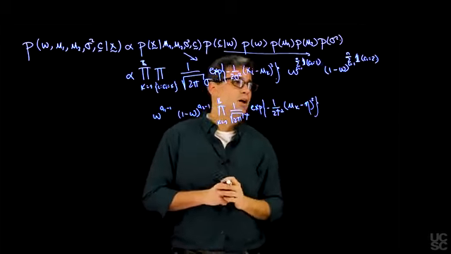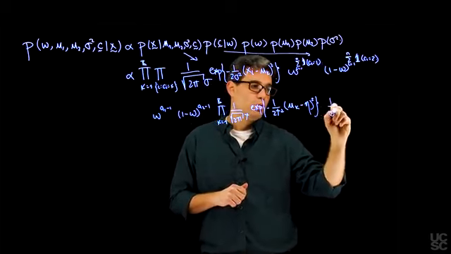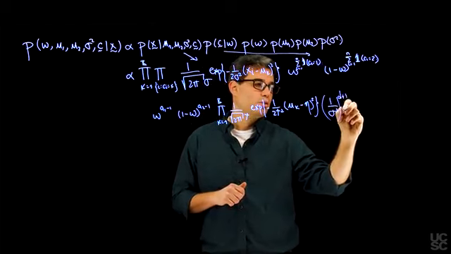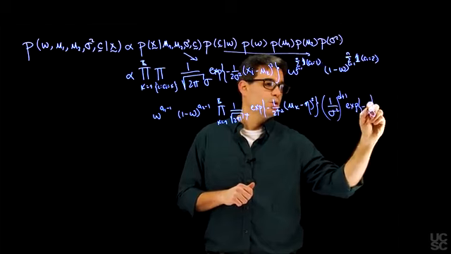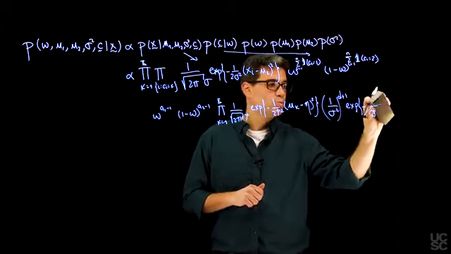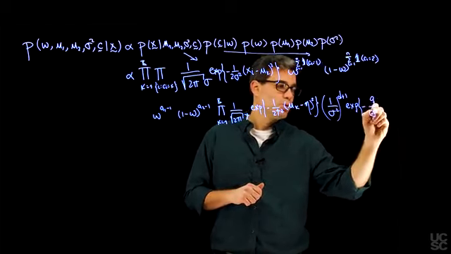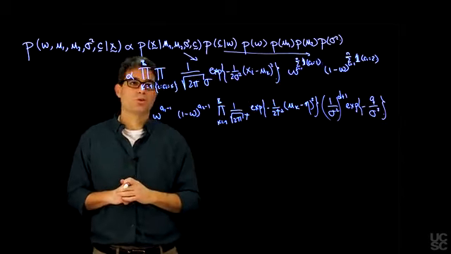And finally, the prior for sigma squared is proportional to 1 over sigma squared to the d plus 1 times exp of minus d over q over sigma squared. So this is the form of my full posterior distribution.